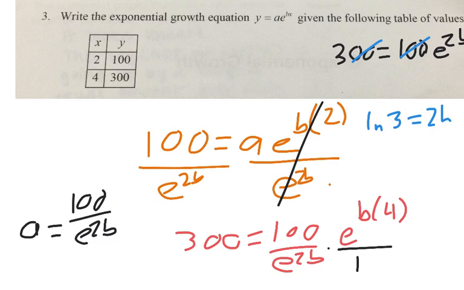I'm trying to shortcut stuff because I'm running out of room, so stop me if you don't understand. I natural log both sides. The natural log of e to the 2b, I move the exponent out front, and the natural log of e cancels, that's 1. So I drop that. B is being multiplied by 2, so I divide by 2. So b is the natural log of 3 over 2.